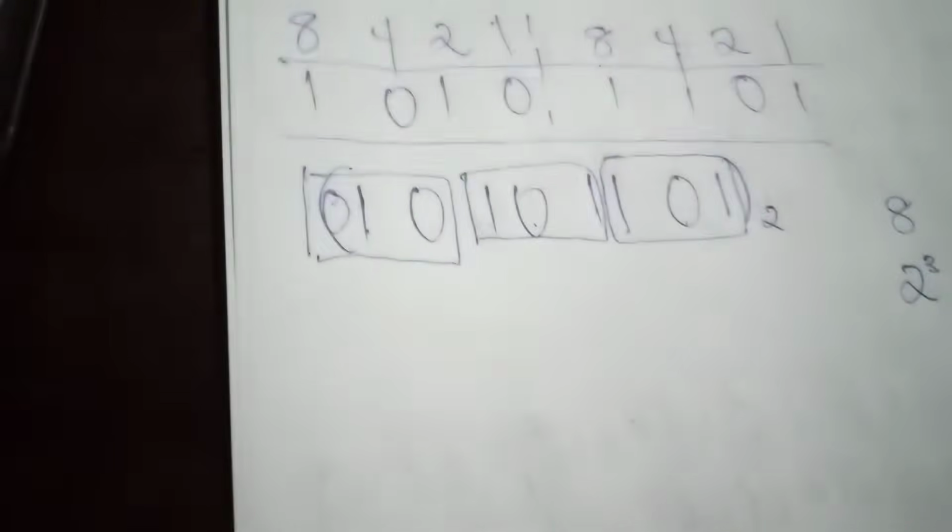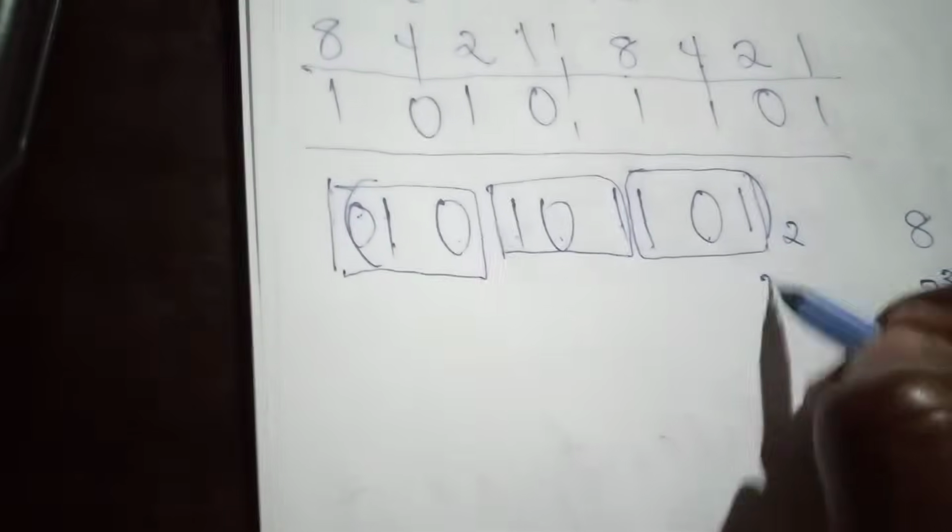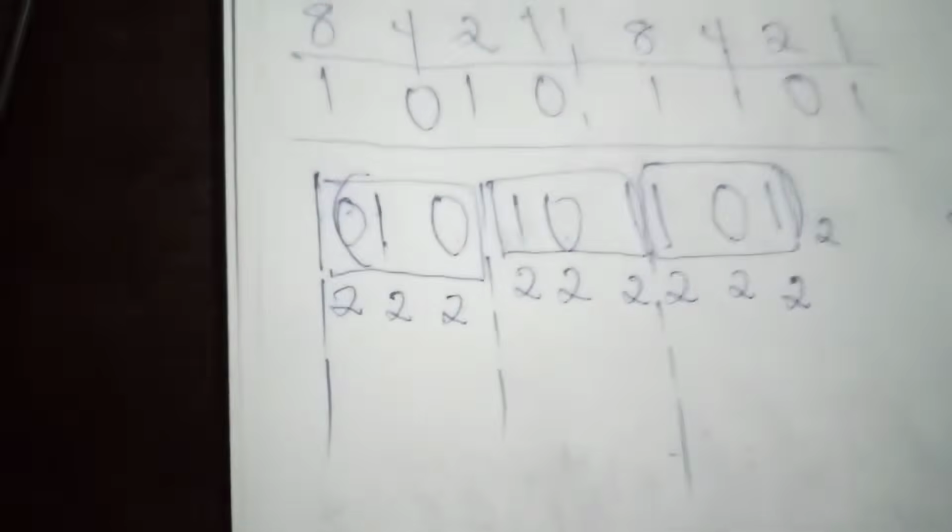From there, I'm going to put 2 on each group. That is 2, 2, 2. Let me just separate it. From there, I have to assign the powers.